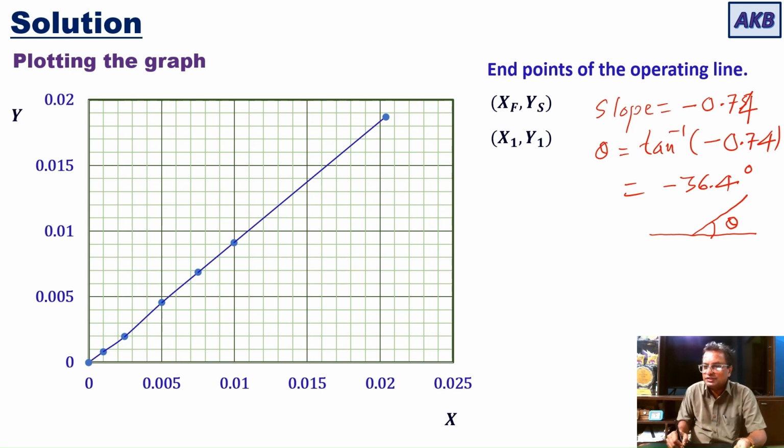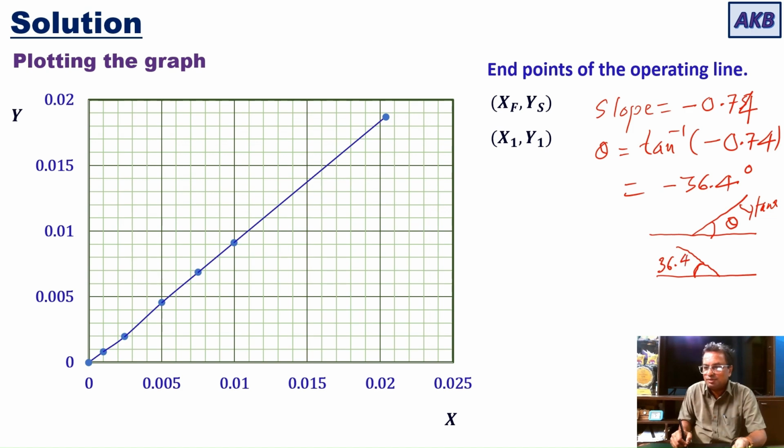Then the slope of this line is tan theta. Now in our case, since the angle made by the operating line with the horizontal is minus 36, we are going to measure the angle in this way. And this angle is 36.4 degree.